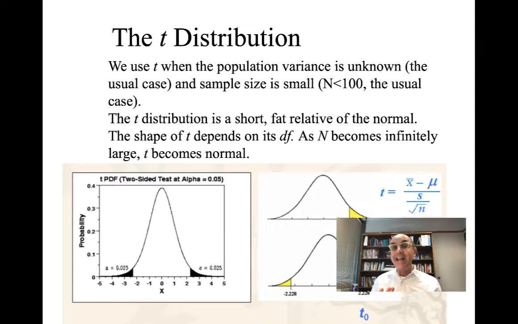We use t when the population variance is unknown and the sample size is small. The t distribution allows us to show the shape of the distribution as a function of df. As n becomes large, the t becomes normal.